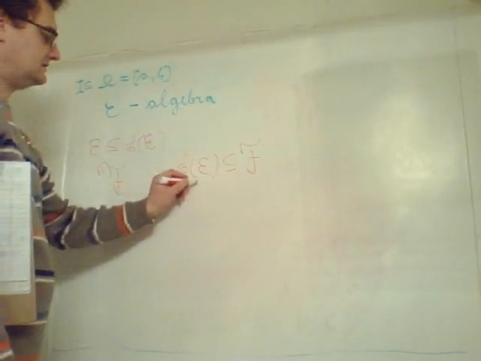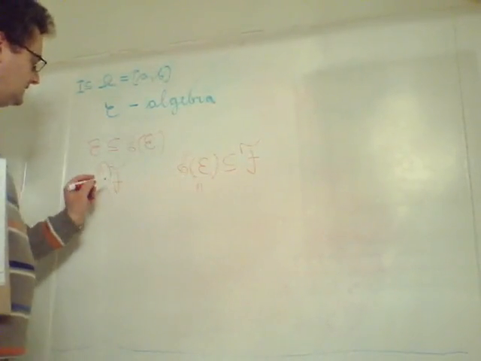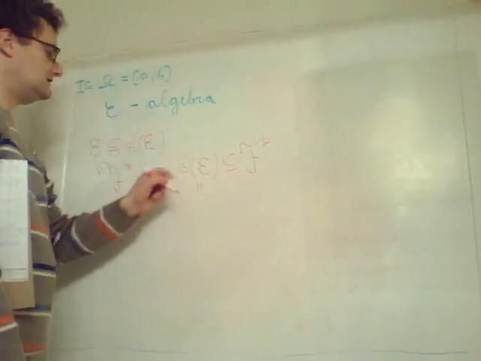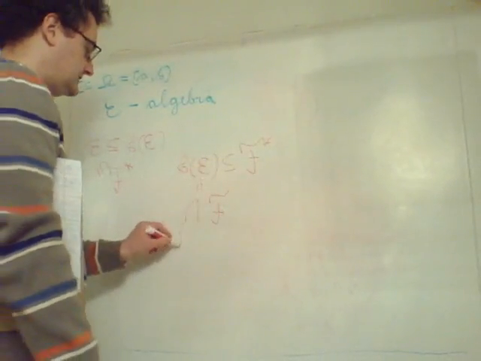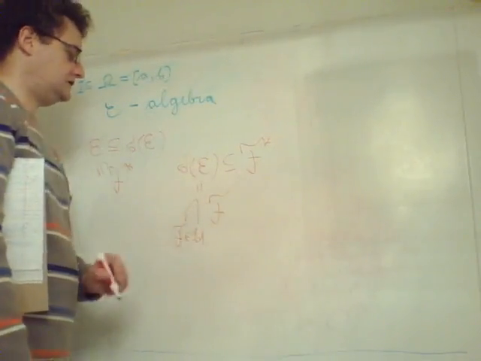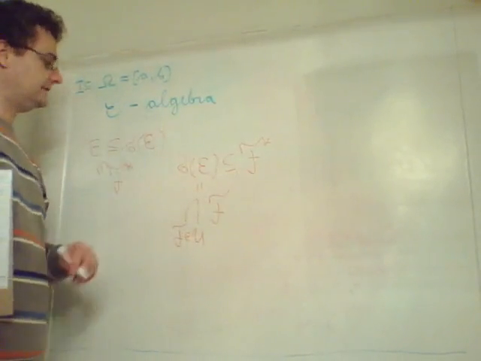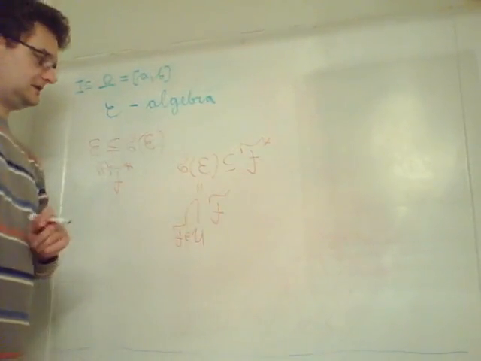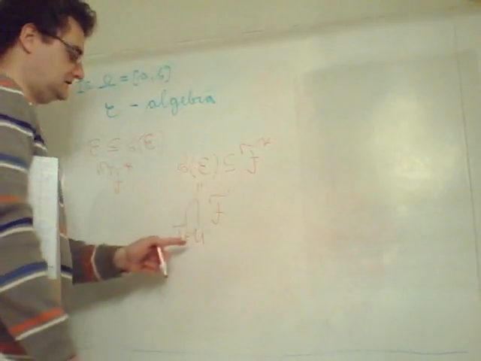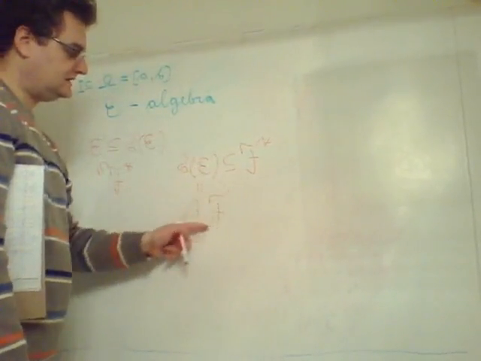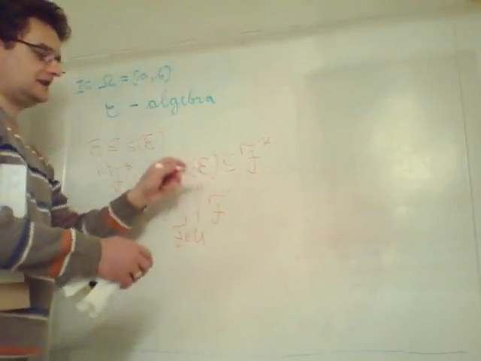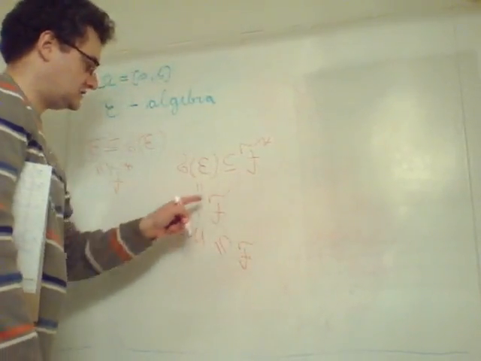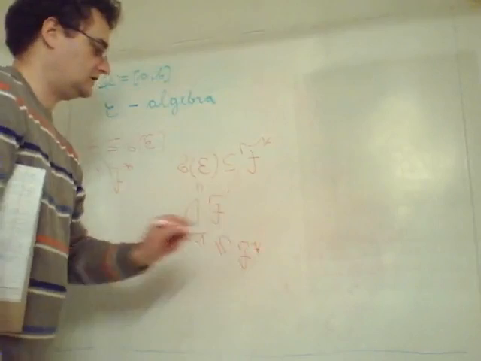Well, why is it so? Simply because, by definition, let me call this F star. Sigma of E is the intersection of all F's from collection U, and U is the collection of all sigma fields containing E. But since F star is a sigma field containing E by assumption, F star is in U. So one of these F's is F star, and the intersection of all of those F's is definitely a subset of just one of these, in particular F star.